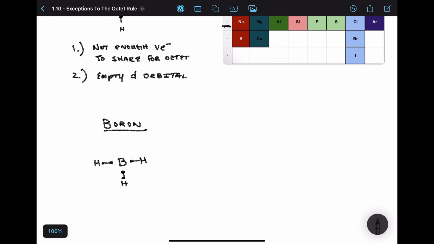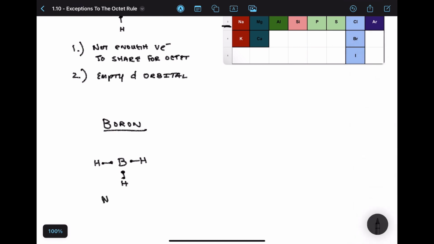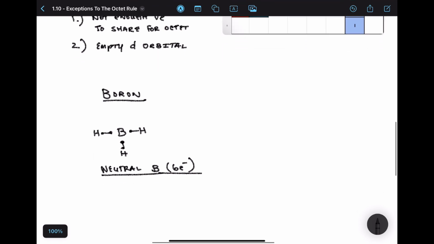But now boron has only 6 electrons around it, right? So a neutral boron is going to have 6 electrons around it.